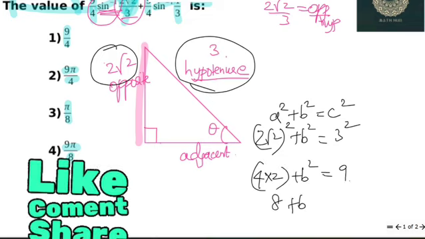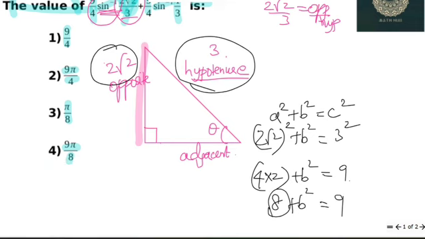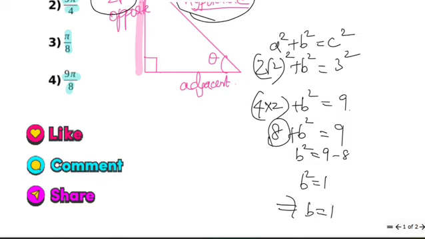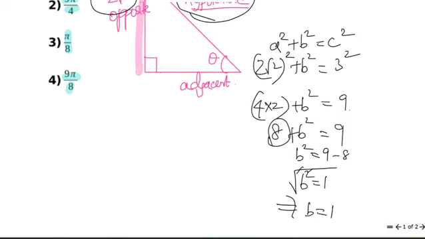So 8 plus b square is equal to 9. We move this number to the other side, so it becomes minus 8, and b square is actually 1. Taking square root on both sides, square root of 1 is 1, so b is 1.